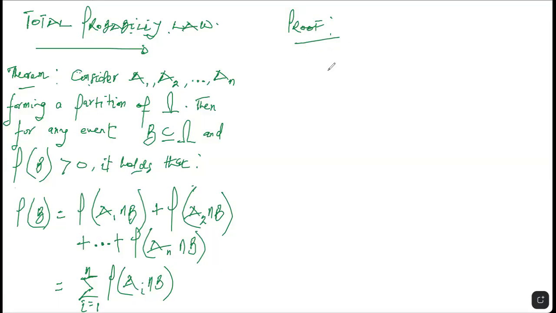Okay, so we can say that let us consider the following partition of the sample space.